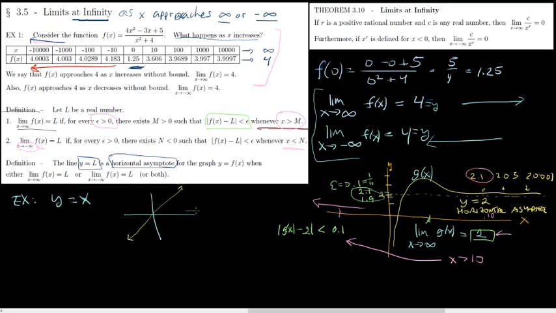So as x gets bigger, the y values just get bigger. They don't get close to any one particular number. So in this case, you could say the limit as x goes to infinity of y, which is just x here, well, as x goes to infinity, x goes to infinity. So you can say the limit is infinity.